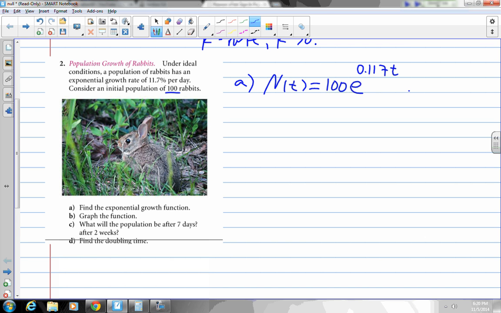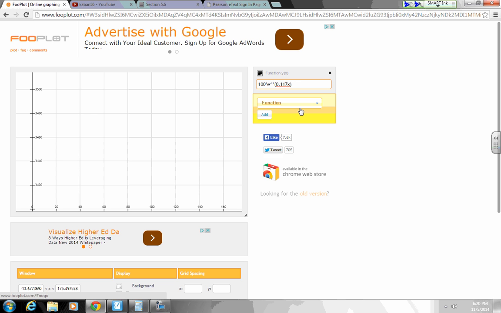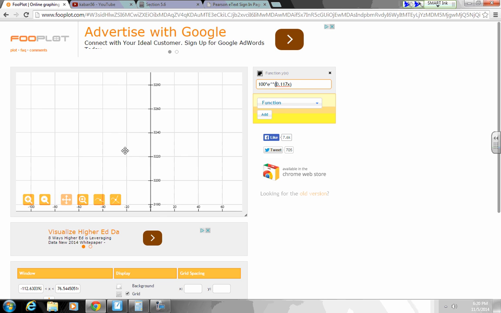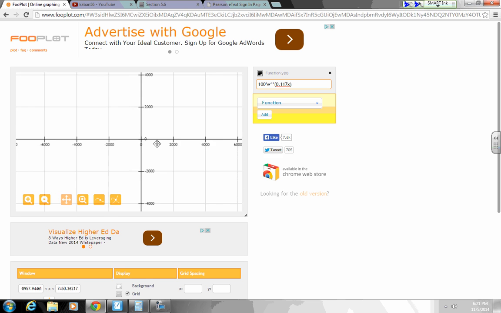Now when I graph this function, I'll get my regular exponential function. It will have the y-intercept at 100 and so forth. If I plug this function into Fooplot, for example, I don't see anything, but if I go back, where's my little function?